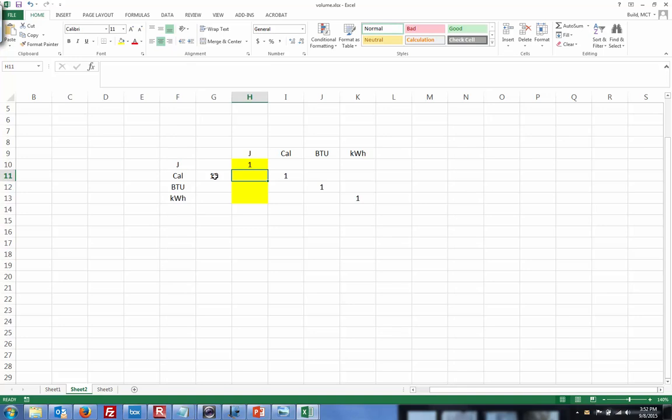So let's go back there. I thought this was in the book. What is the joule to calorie conversion? It's 4 point... what is it? 4.2 joules. Okay. Then how about calories to BTUs?